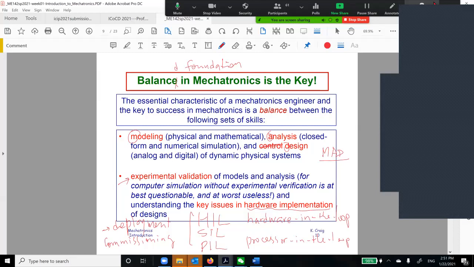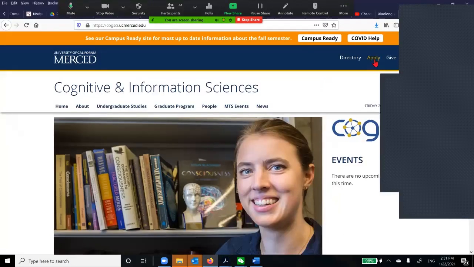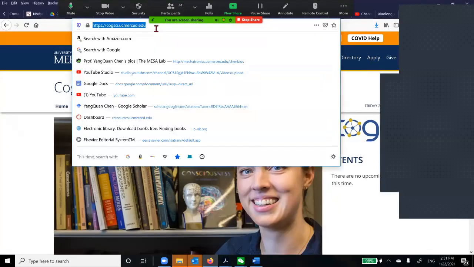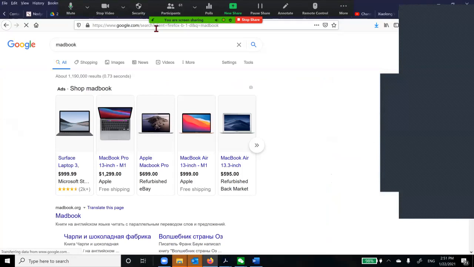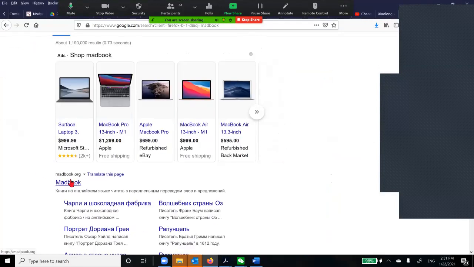Let me do an experiment together with you right now. I'll search for Math Book, and see what's going to happen. Oh, they thought I'm searching for MacBook. Oh, there is a mathbook.org. That's terrible.